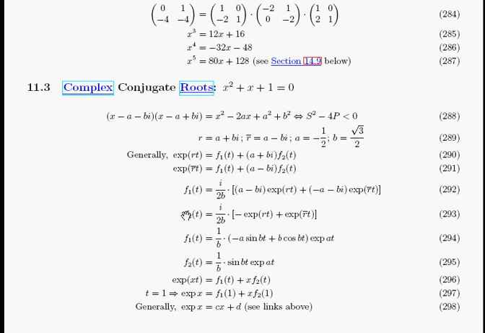So we have f1 of t as a function of a, b, t, and f2 of t as a function of a, b, t. The exponential of x is cx plus d.